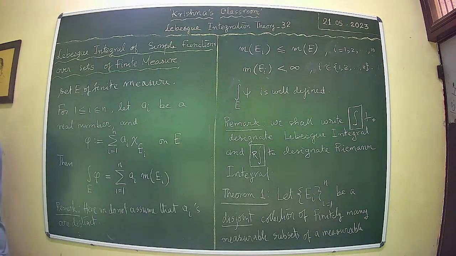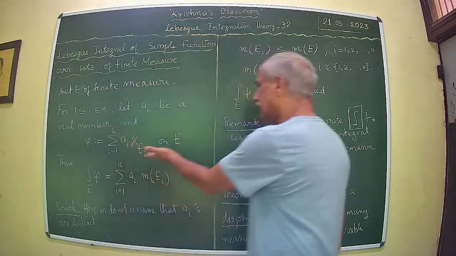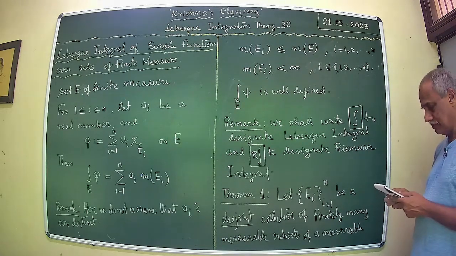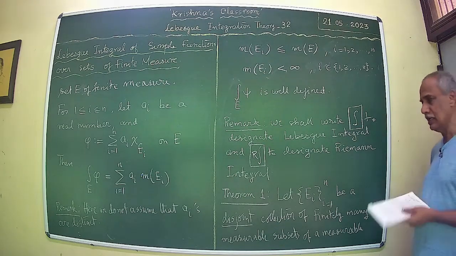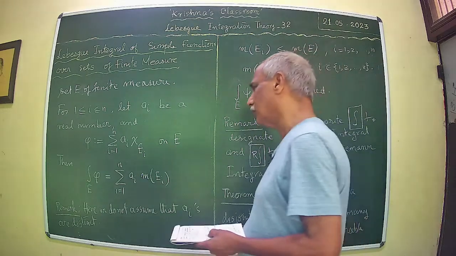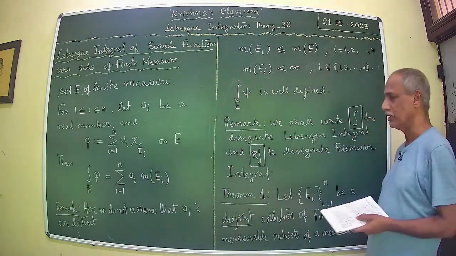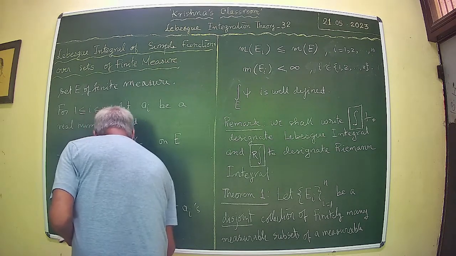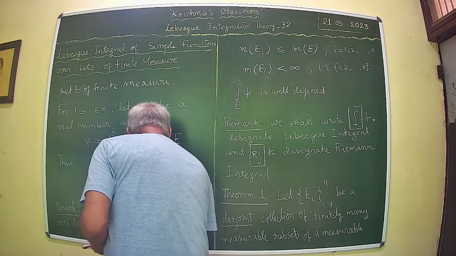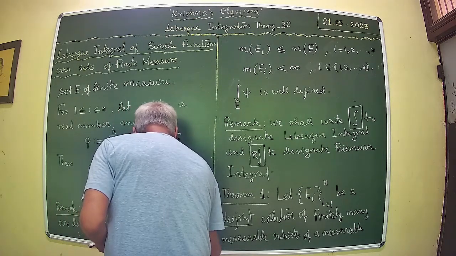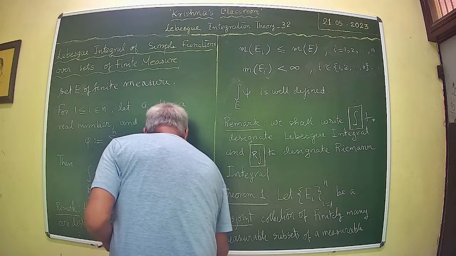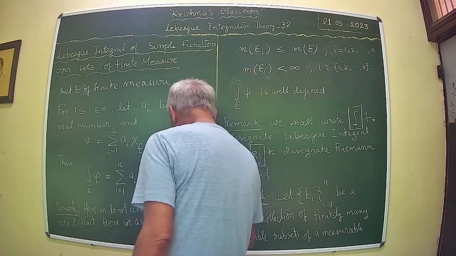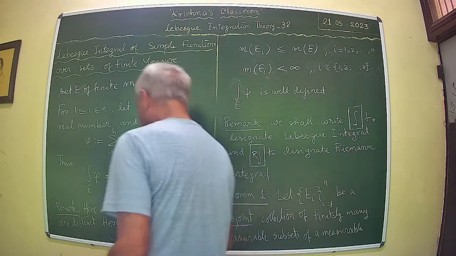Now we are going to drop that restriction, but retain a condition that the E_i form what is called a disjoint collection of measurable subsets.